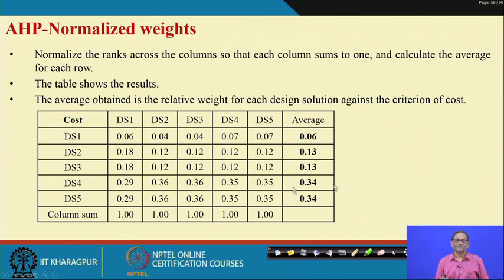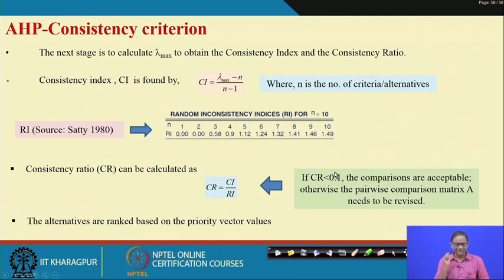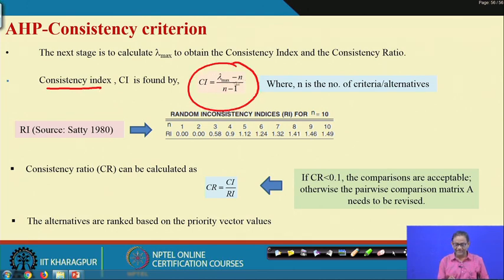This means x, the priority vector, is found, but this is based on the pairwise comparisons given by the experts. So, whether the experts are consistent or not can be judged by this mathematics. What is the mathematics? First you find out the consistency index. The consistency index is lambda max minus n divided by n minus 1. So, n you know, and lambda max is already computed.